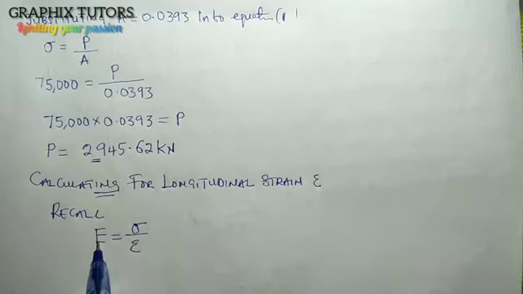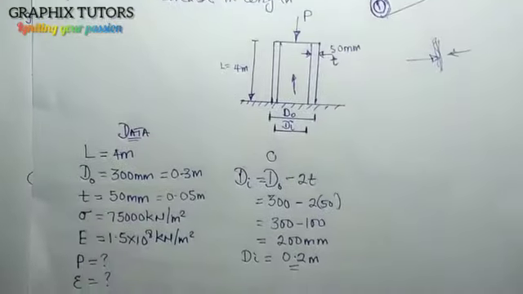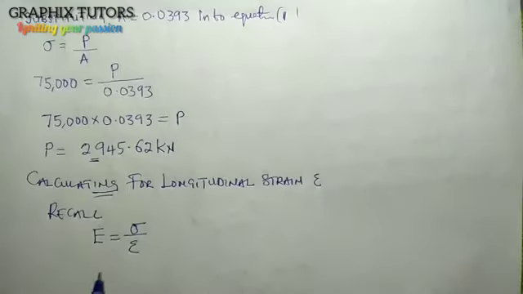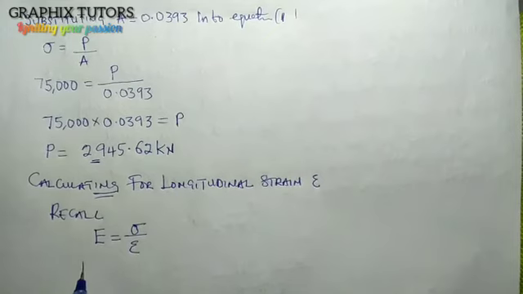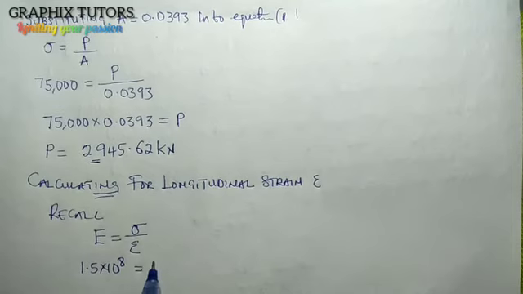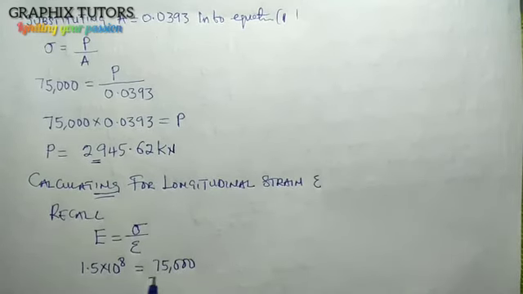Now we know what Young modulus is. In our parameters here, Young modulus is 1.5 times 10 to the power 8. So we have 1.5 times 10 to the power 8 equals the stress, 75,000, all over the strain, which we don't know.